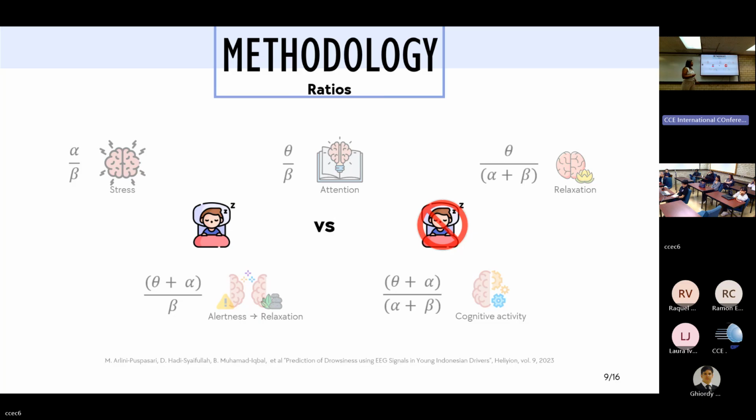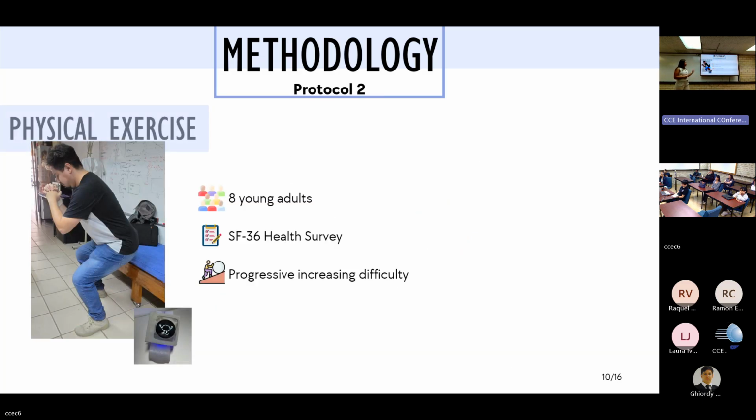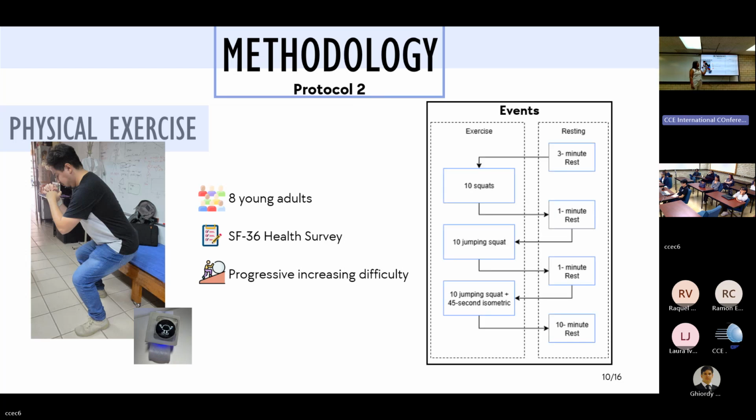For the second protocol, 8 young adults realized the protocol. We made an SF-36 health survey questionnaire, and this protocol consisted of progressively increasing difficulty. So we have these events. We made them rest for 3 minutes.